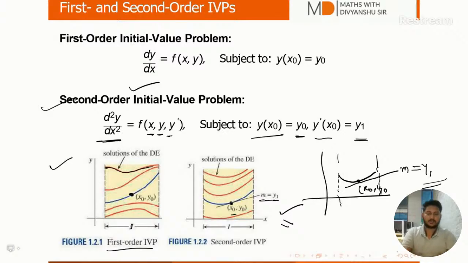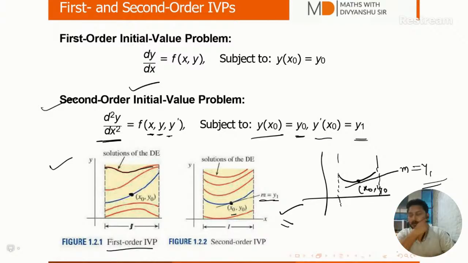So the term initial condition derives from physical systems where the independent variable is time t. Okay, these are the simple points which we will study in this topic.